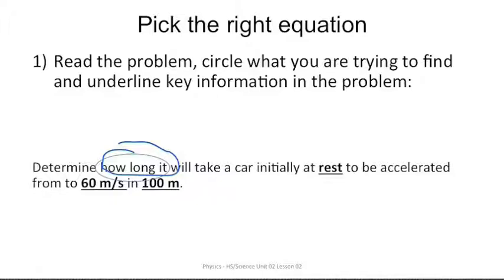In this case, how long will it take implies that we're talking about time, so I'm trying to solve for time. Initially at rest tells me something. The car can be accelerated from rest to 60 meters per second in 100 meters. There's different pieces of information that work depending on what you've got, so it's really important to be able to underline what you do have.